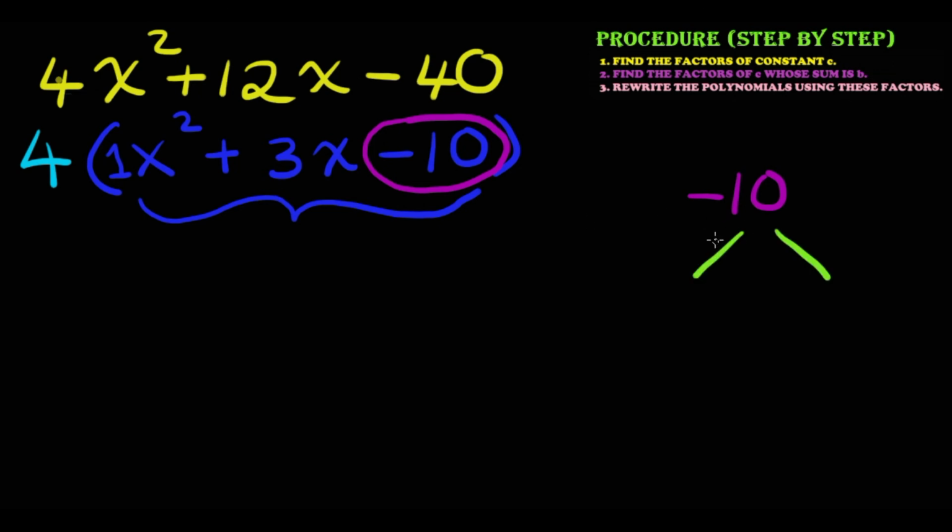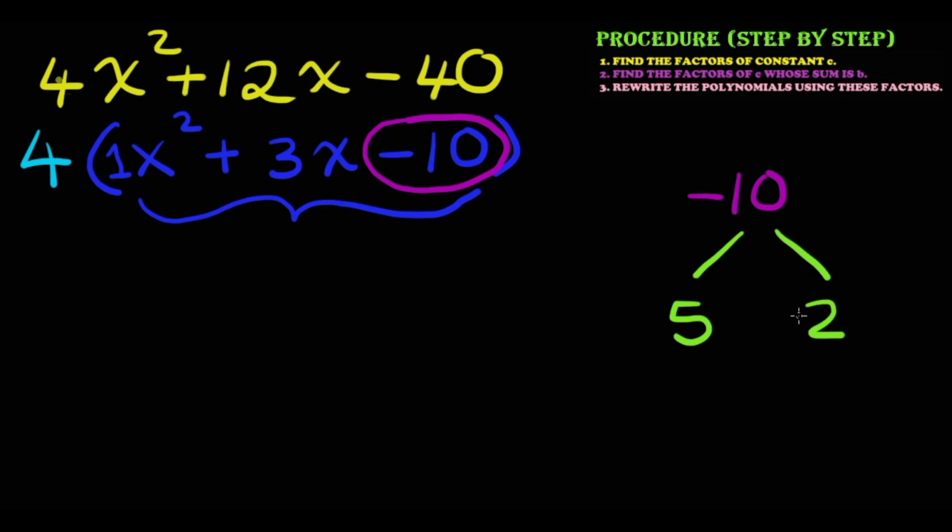You have negative 10, so you're going to need a positive number times a negative number to get a negative. So you use negative 10 and 1. Well, that's not going to come close to 3 when you add, so that's not going to be good. How about we try 5 and 2? 5 times 2 is positive 10, so one of these has to be a negative number. But we want it to be positive 3.